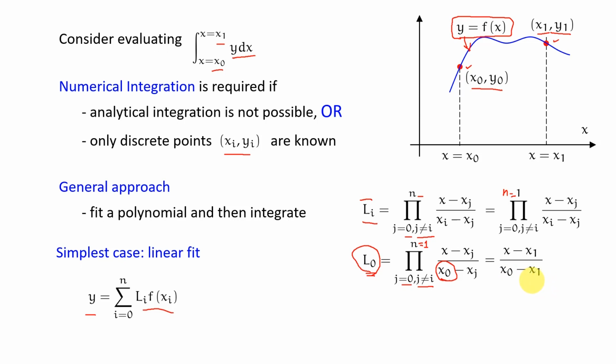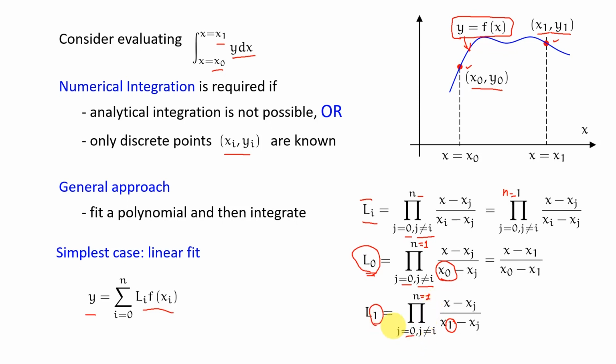We can do this exercise once again, and let us say we have L1, and in case of L1, once again we have the same expression, product j equals 0 to n. Here n equals 1, and this 1 we have replaced I here, so I have x minus xj, x1 minus xj. Now we want to take this product. This product goes from j equal to 0 to n.